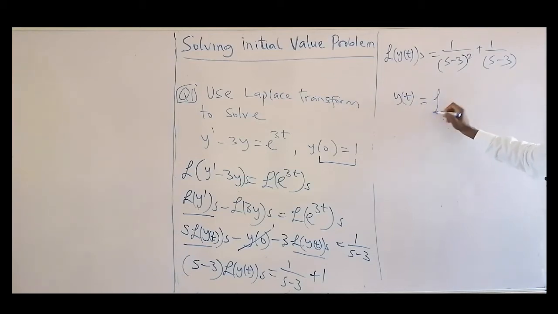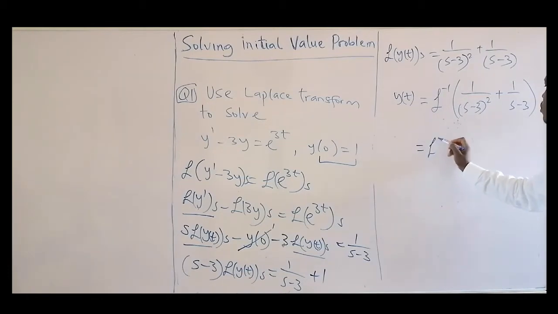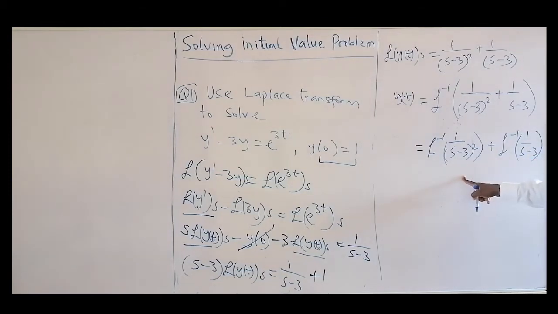That will be equal to the inverse of 1 over s minus 3 squared, plus the inverse of 1 over s minus 3. Don't forget that.